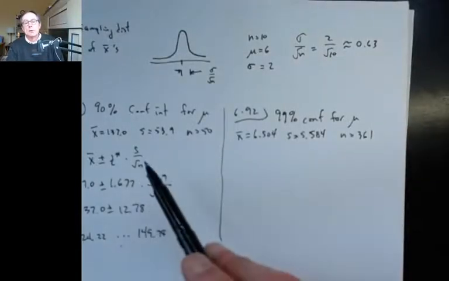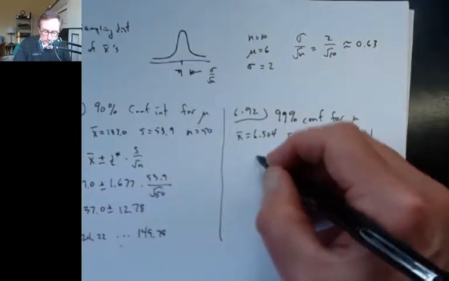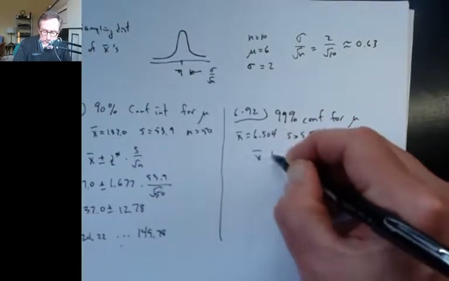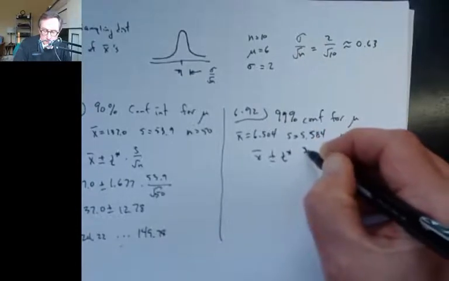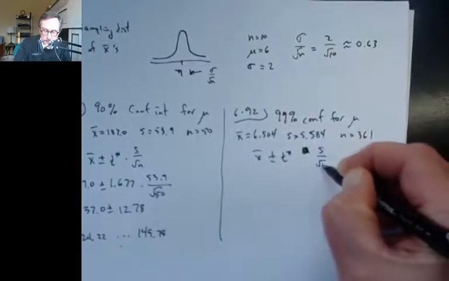Okay, well, of course, the formula is right over there. So it's x bar plus and minus t star by s over radical n. My handwriting is so embarrassing. S over radical n.